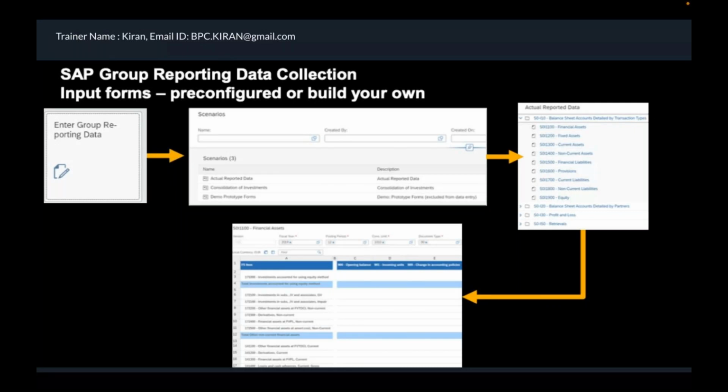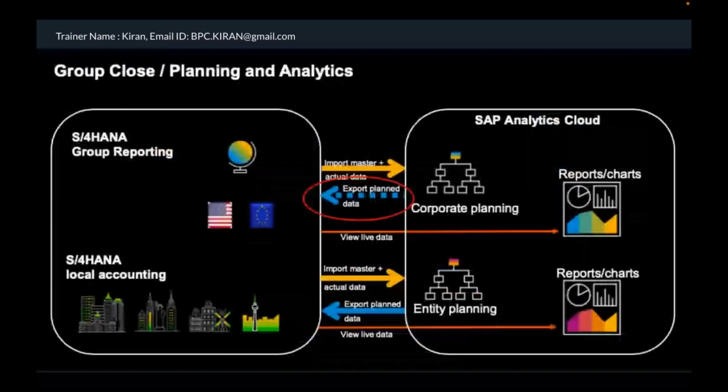There is nothing to calculate a variance, closing minus opening, and you can't find the increase or decrease in the movement. At that time, you can create an input form in GRDC and segregate that data into different flows, different transaction types. So GRDC has that input forms option also.